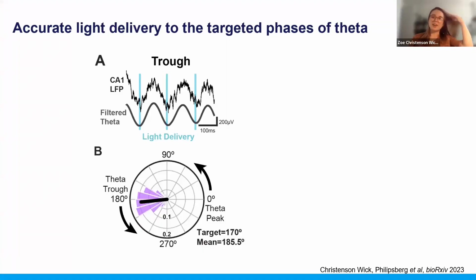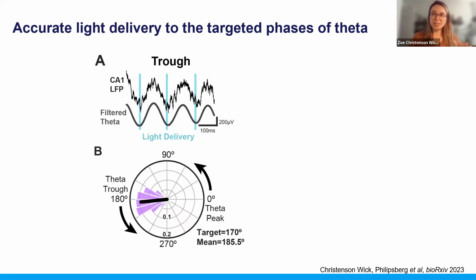Okay, so we have that accuracy and precision data. It's a little bit easier to see on the whole than those videos. So we have that raw hippocampal activity collected from our silicon probe, and then below that we have the theta oscillation, which has been filtered offline in this case. And then in blue you can see our light delivery triggers, which are being targeted to the trough.